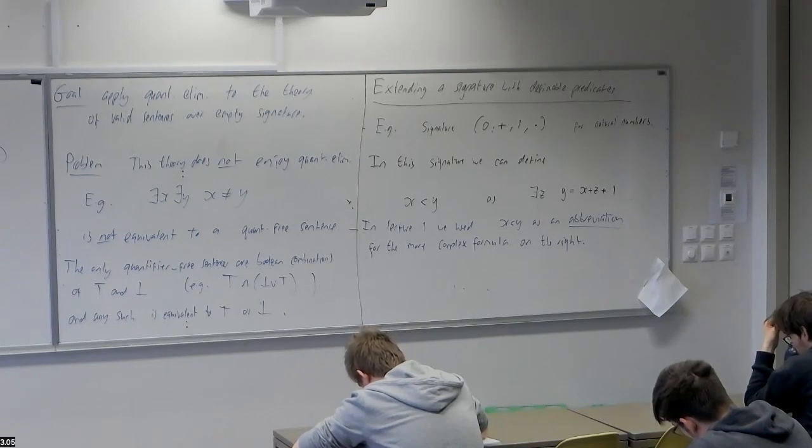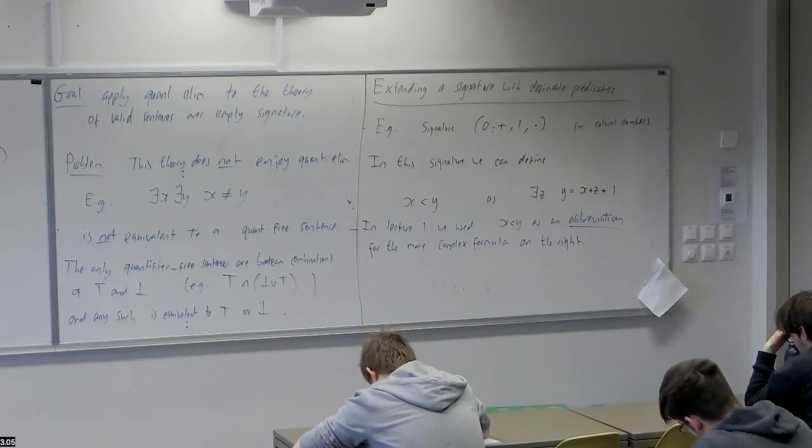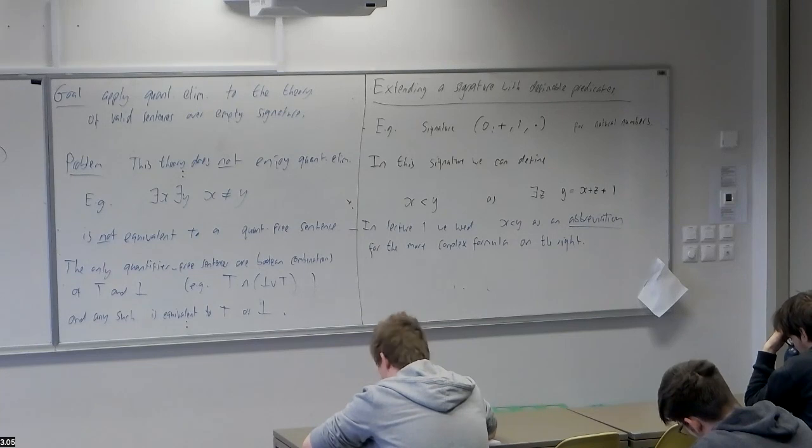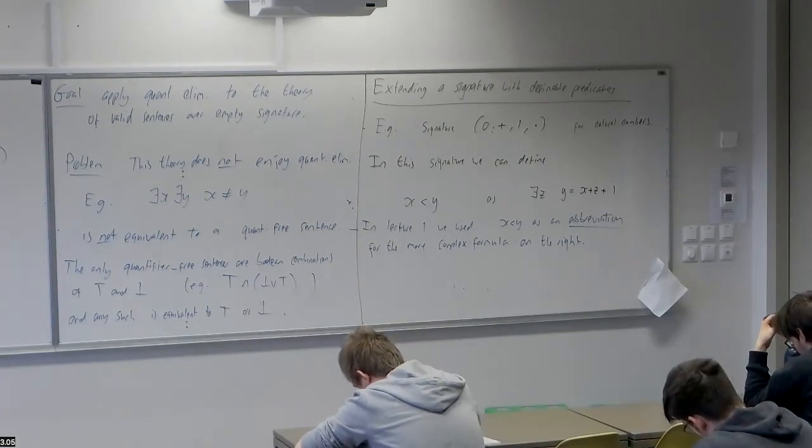Really, we're adding them to the theory, so we add a sentence: for all x and for all y, x is less than y if and only if this. We add these defining equivalences to the theory we are working with.